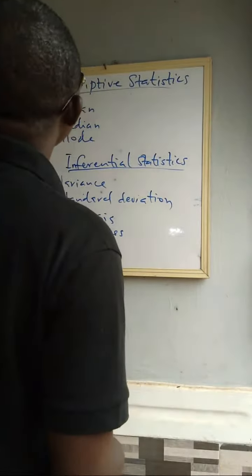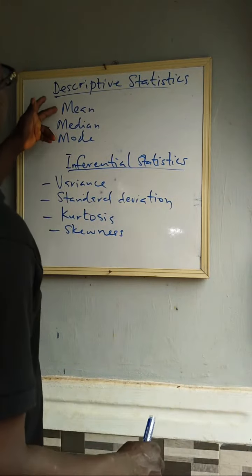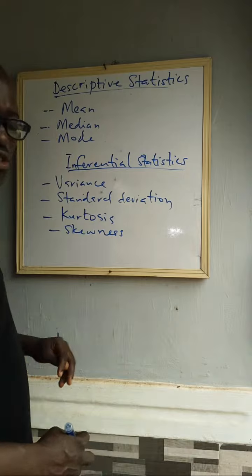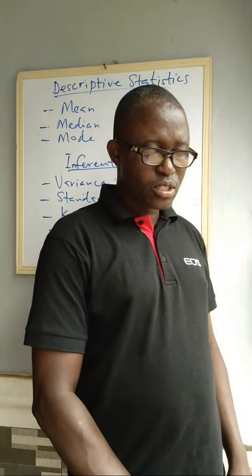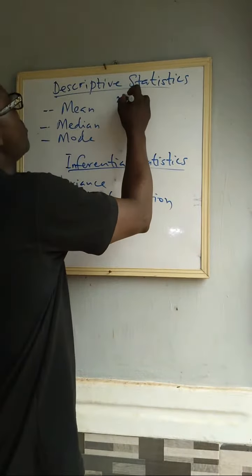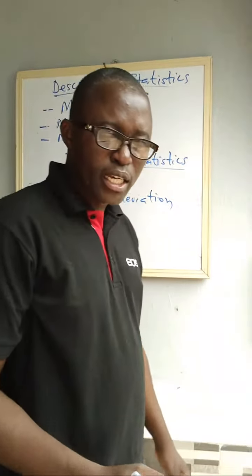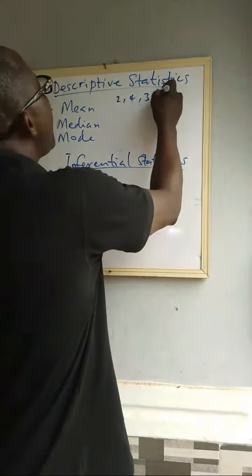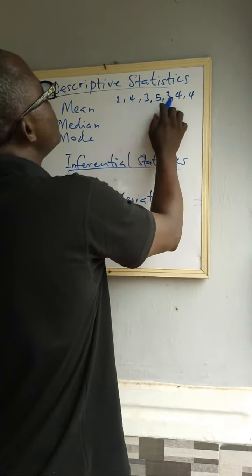Now, to give an example of a measure of central tendency, mean, median, mode, we can use a simple set of data like I have here. I have 2, 4, 3, 5, 3, 4, 4.